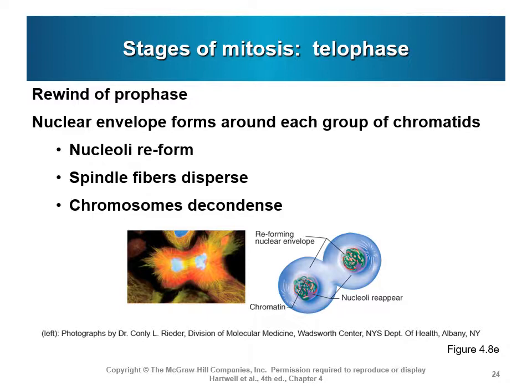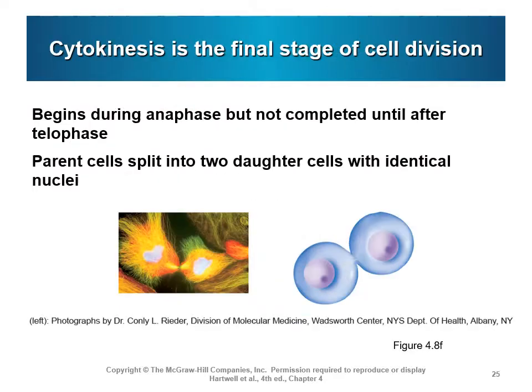We already can notice the two nuclei and the spindle fibers dispersing. The cytokinesis is the final stage of the cell division. It begins during the anaphase, but it's not completely over until after telophase. So the parental cell splits into two daughter cells with identical nuclei.